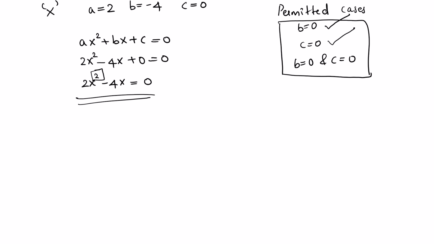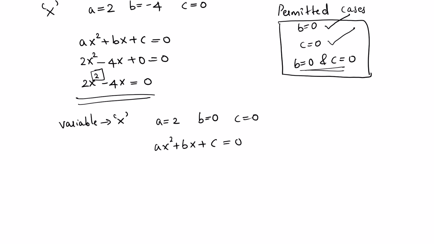Now, what happens when b and c are both zeros? Again, we can take the variable as x and let the value be 2 itself for a. But we should take b and c equal to 0. That is the case that we are trying to check, right? Now the standard equation is ax square plus bx plus c equal to 0. Now substitute the values: a is 2, so 2x square plus b is 0x plus c is 0, equal to 0. 0x plus 0 is 0, so 2x square plus 0 is 2x square.